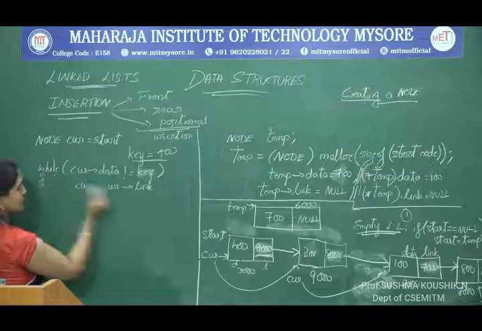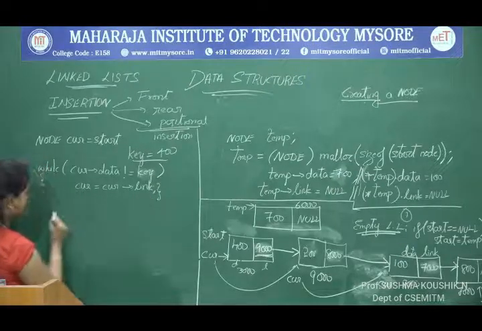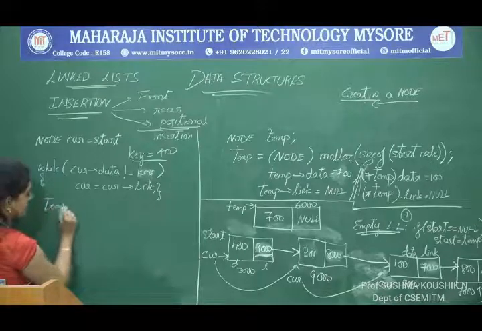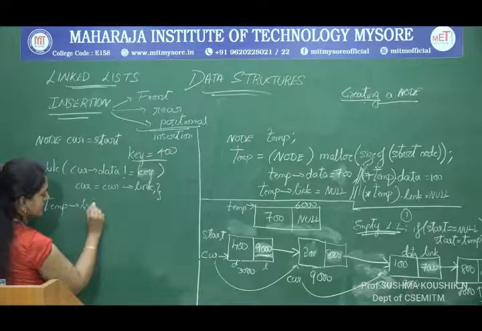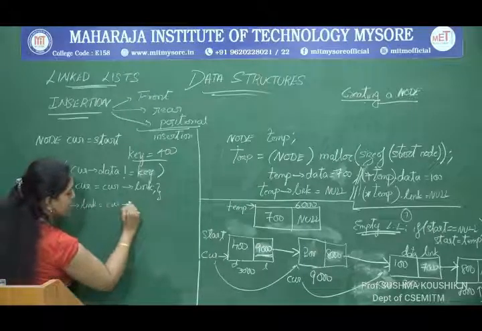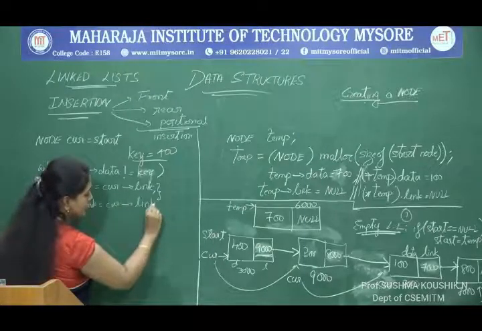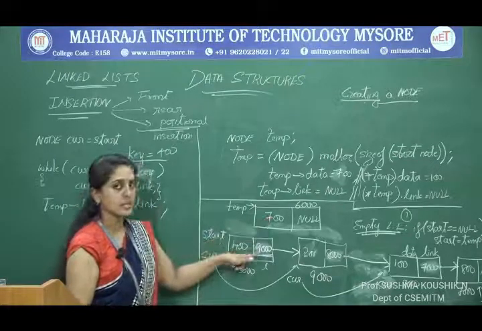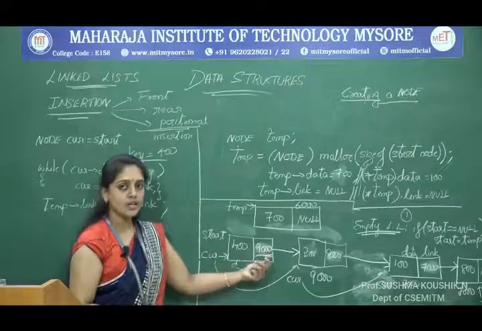So coming out of this while loop, we write temp of link is equal to current of link. See, now we are not losing this, because I will overwrite the new address which I have got, 6000, so this address would be lost.